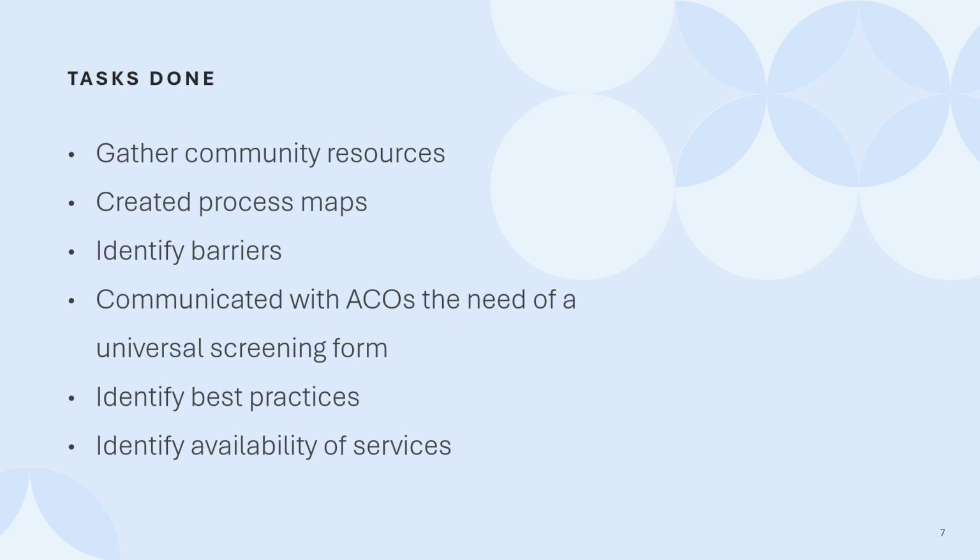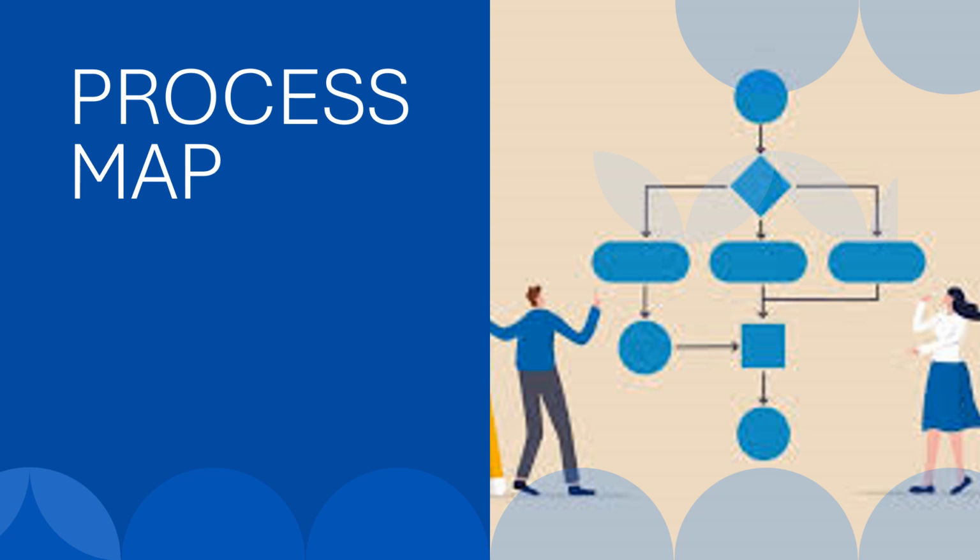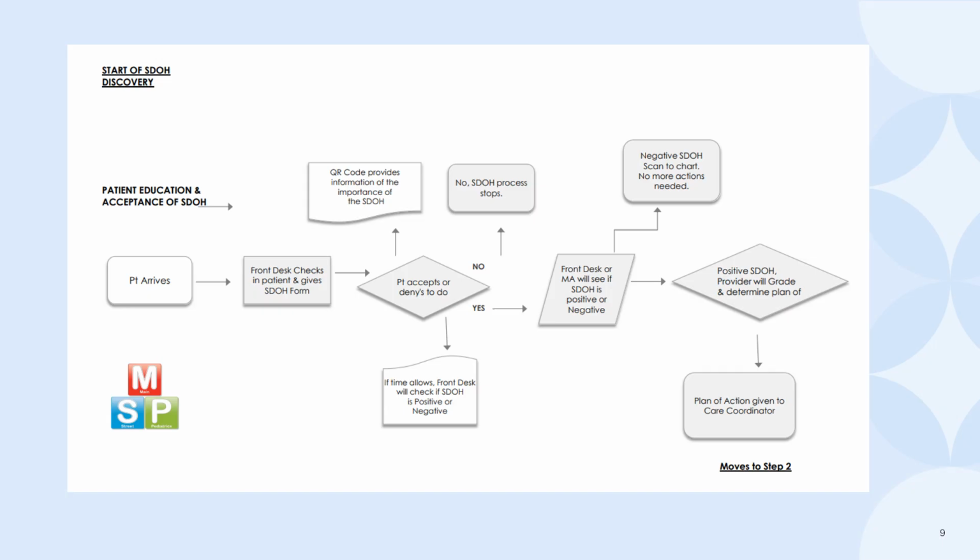services. So we started with our process mapping, and the initial step was making sure that our patients receive their screening. How we planned to do it is that once the patient arrives, the front office will give the screening tool, and then the patient will either accept or decline it.